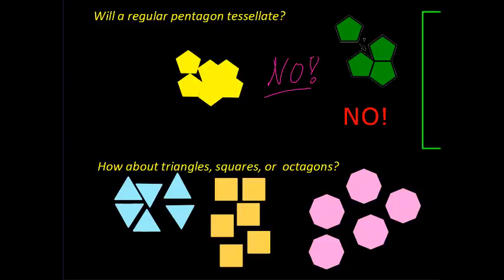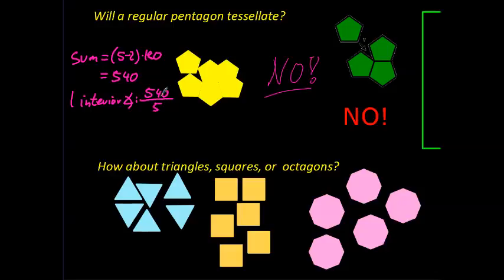So let's look at those angle measures and see why it doesn't work. A regular pentagon has an angle sum of 5 minus 2 times 180, which is 540. If that's our angle sum, then one interior angle will be 540 divided by 5, which is 108 degrees.